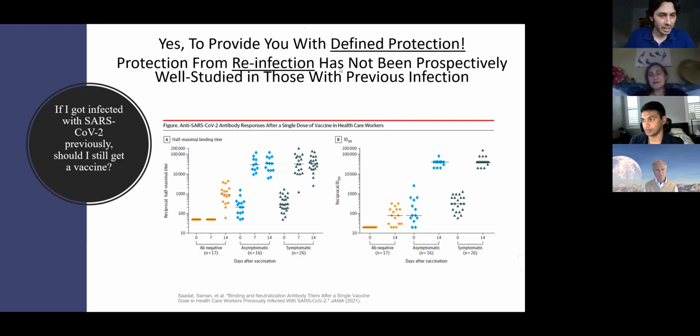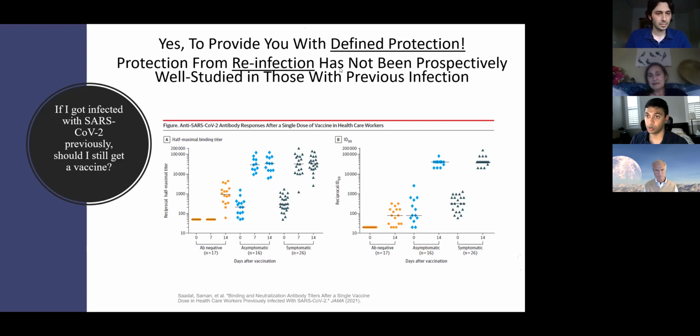Okay, we have a question from Denise. Are the side effects higher with people who have underlying health conditions when it comes to getting the vaccine? So far, we have not seen a higher rate of side effects in people with underlying health conditions. The only caution that we've been giving people is that if you do have underlying health conditions, the vaccine may not be as effective.